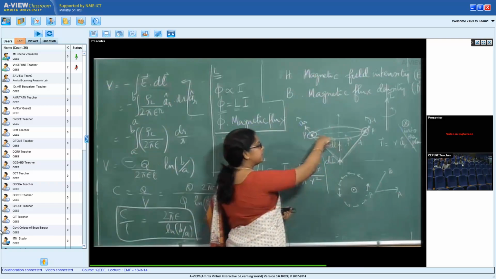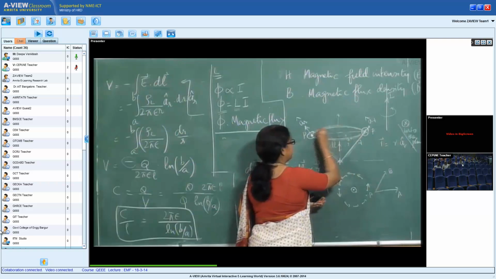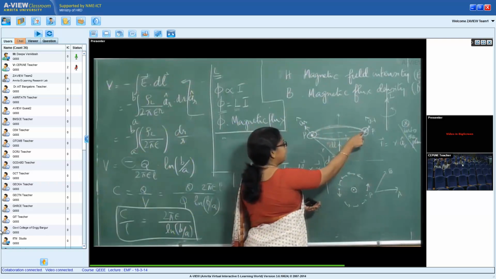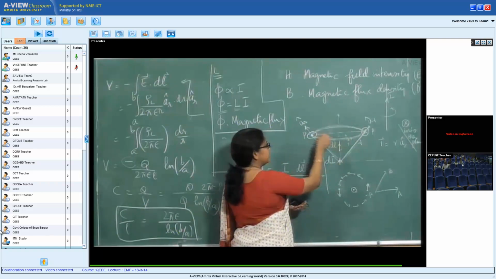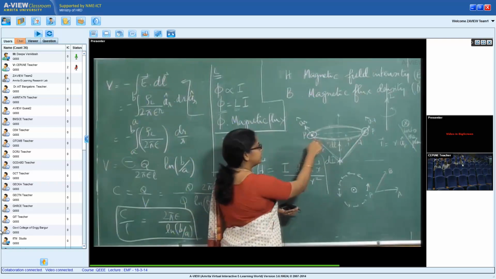Which means if I trace this rim of the cone, the circle, at every point H changes its direction. It's into the plane of the board here, and out of the plane of the board here.